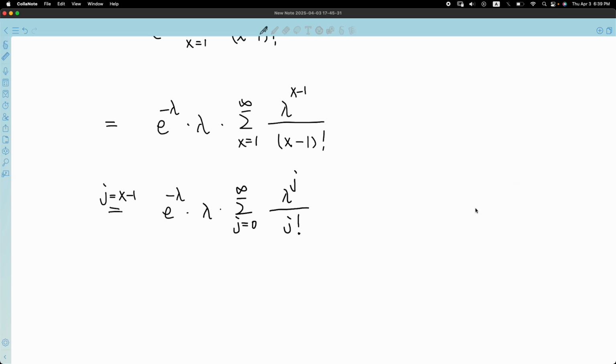Okay, so maybe let me add one more comment, make the change. So this is equal to e of negative lambda. What should the summation now equal to? Sorry? E of lambda. Good question.